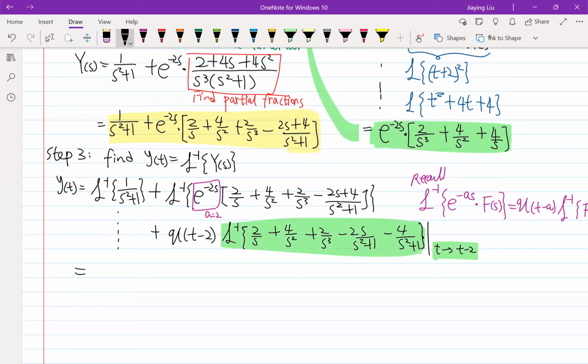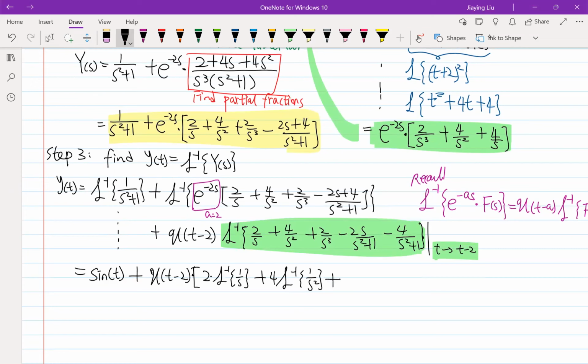Well, actually, I can figure out the inverse Laplace of 1 over s squared plus 1. So that's just going to be sine t plus u of t minus 2 times. And if I find the inverse Laplace for this expression, I have 2 times the inverse Laplace of 1 over s plus 4 times the inverse Laplace of 1 over s squared.